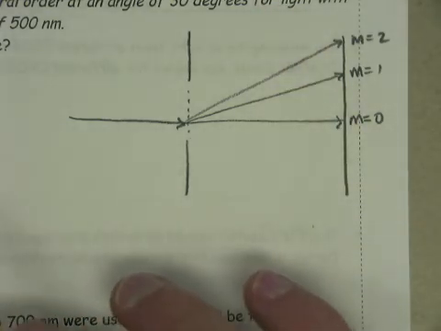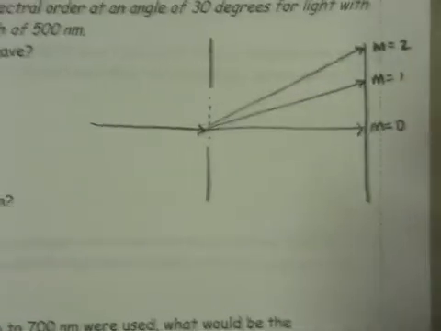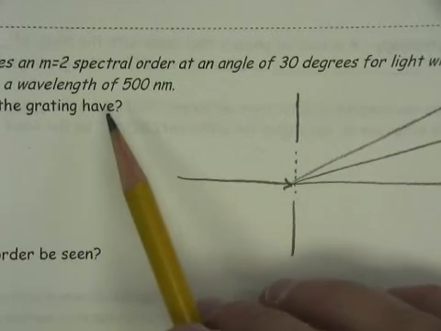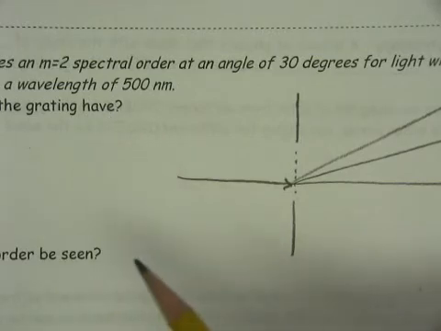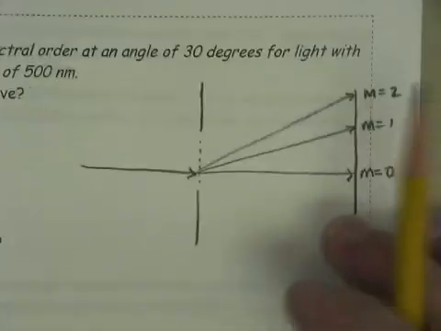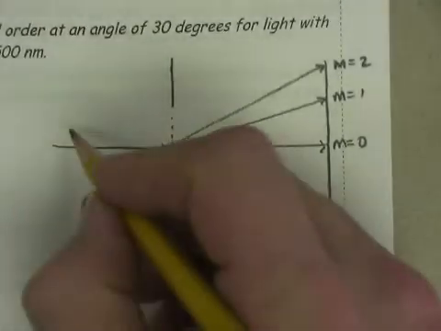All right, now let's see. It says how many lines per centimeter does the grating have? That's a pretty straightforward one. We're looking for D, since they asked for lines per centimeter. Let me put some numbers on my diagram here as well.